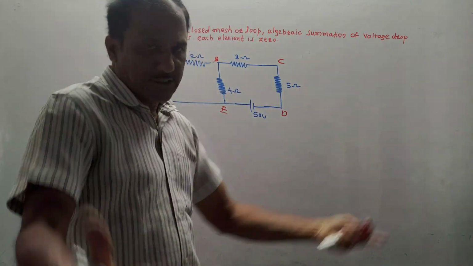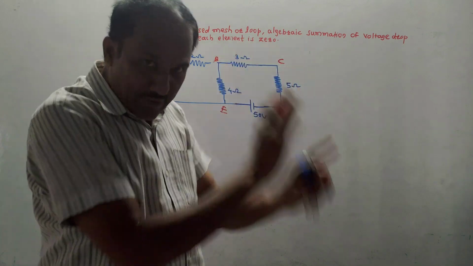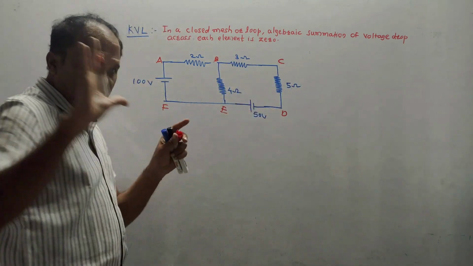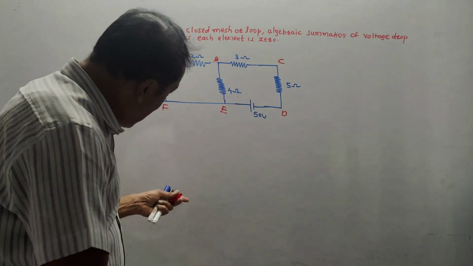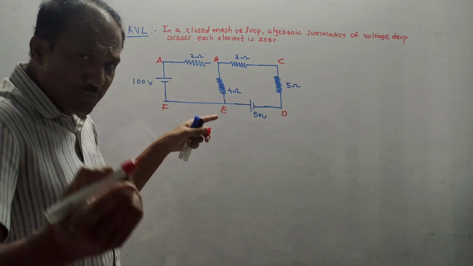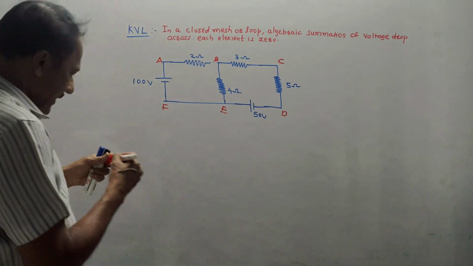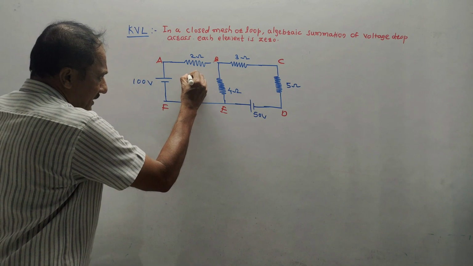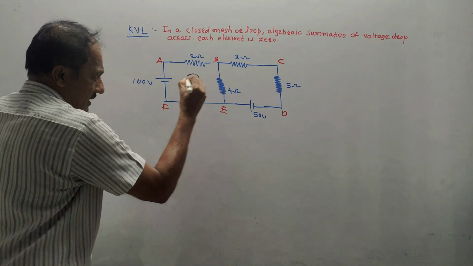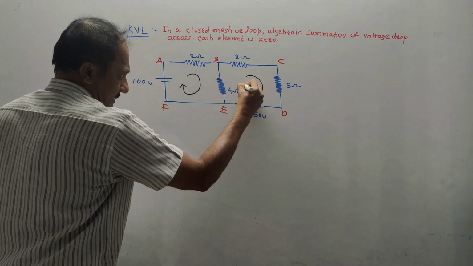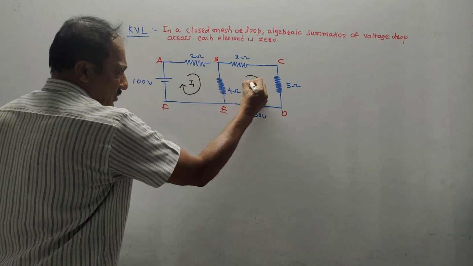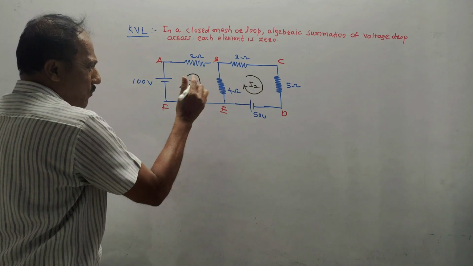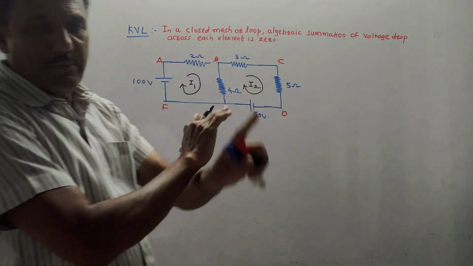So there are two basic loops. If you want, you can consider extra loops, but as far as our syllabus is concerned, these basic loops are more than sufficient. Next step is, once you decide how many basic loops there are, inside every loop, mark the loop currents, strictly following this direction, like this. As I said, it's not a technical rule, but if you follow these directions, calculations will be pretty simple.